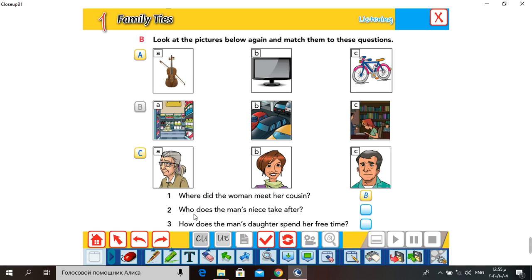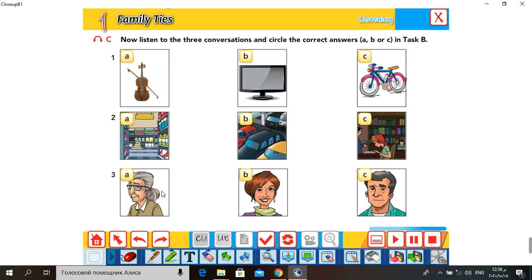We're asking with who, that means we're looking for an answer about people or persons, so you should choose the set of pictures in number, yes, well done, C. Number 3, how does the man's daughter spend her free time? This is a question with how, about a means by which you spend your free time or your spare time, so this should be the set of pictures in number A. Well done.